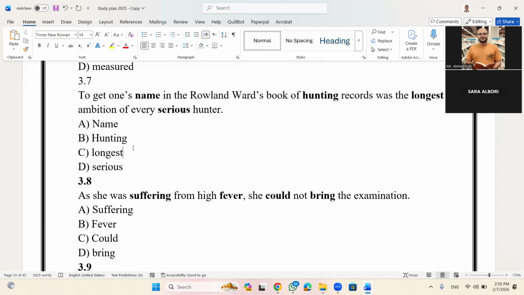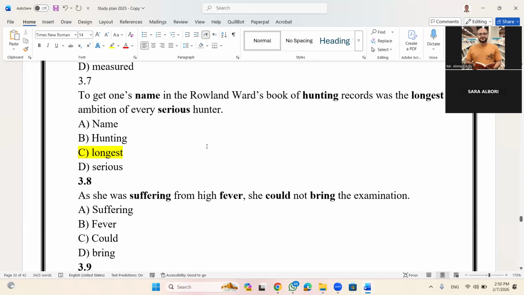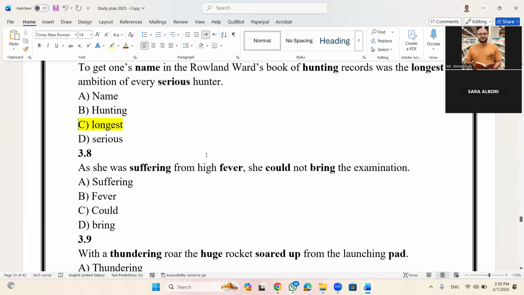Do we have a long ambition or a biggest ambition? Biggest or highest, right? Or sometimes we say ultimate ambition, not longest. The problem here, by the way, is that this question is one of the most difficult ones, because the word longest here is an adjective, and the word I need here is an adjective too. So try to read carefully.